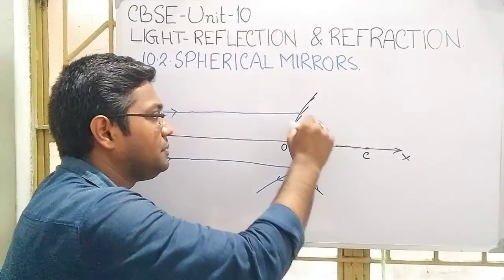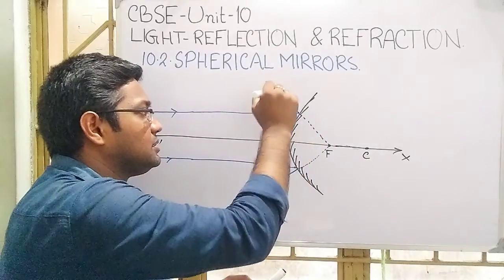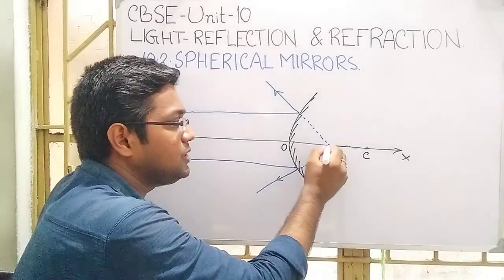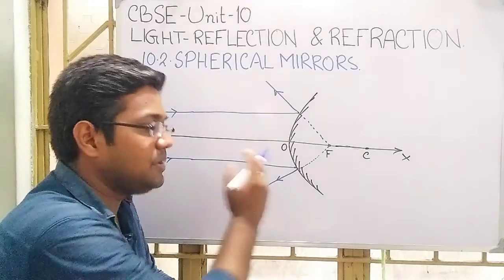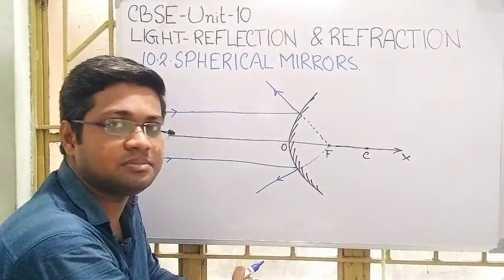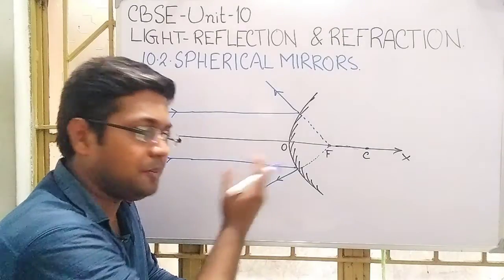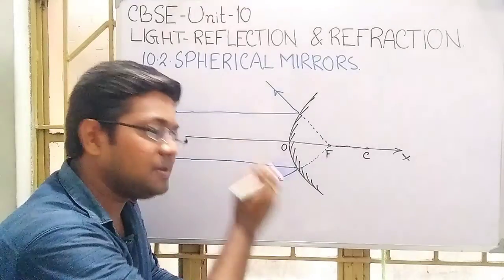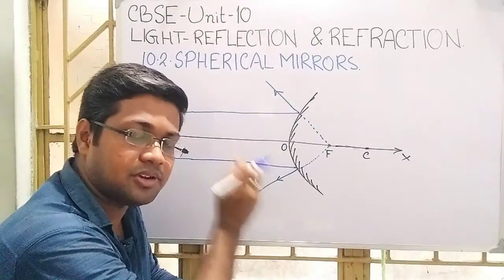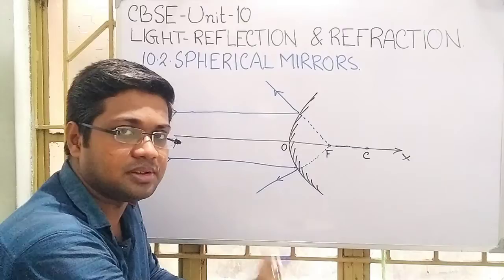So the image will be formed at the focus. The image is formed behind the mirror, and since the rays only appear to diverge from the focus, the image is virtual. It is confirmed that it is virtual.